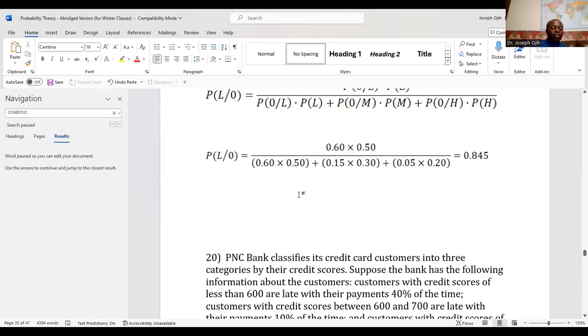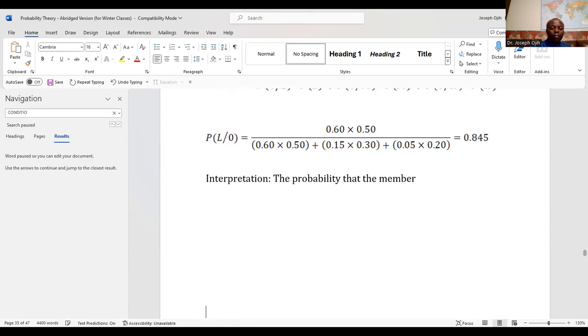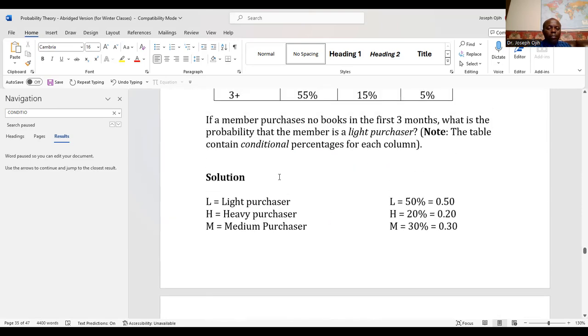Let me write this interpretation. So that the required probability that the member who purchases notebooks in the first 3 months.